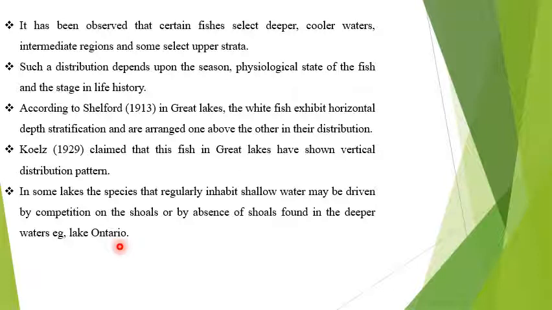In the shoal, the same age or same group of species dwell in the same strata, so in other strata or other parts of the water the same species may not be found, but at the same level there may be thousands or lakhs of individuals. So there is strong competition for food and other things, and a particular species may inhabit a particular strata.